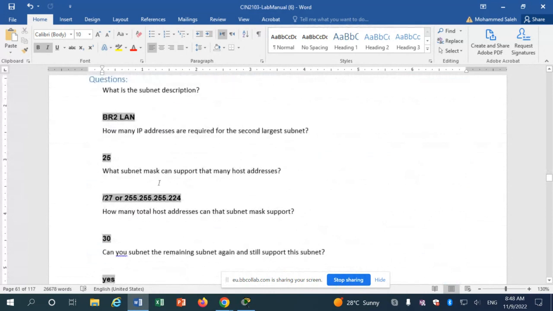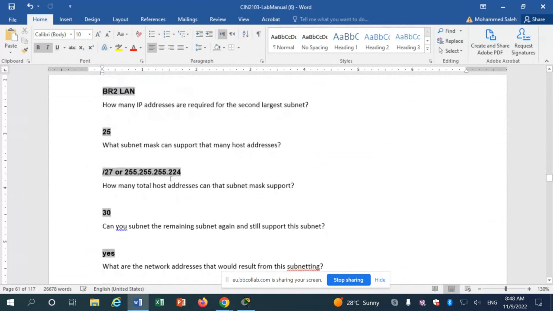What subnet mask can support that many host addresses? 25. Again, look here: 1, 2, 4, 8, 16. What if I take only 4 bits? Is it enough? This is only a maximum of 15. If I take this one, the maximum is 32.